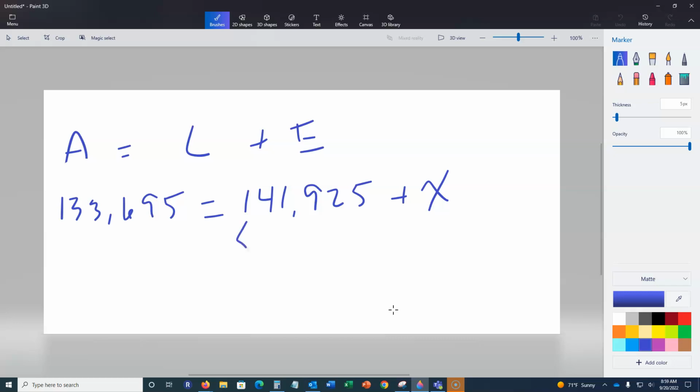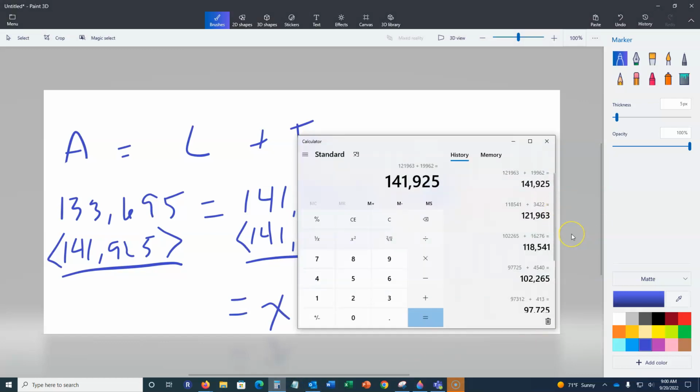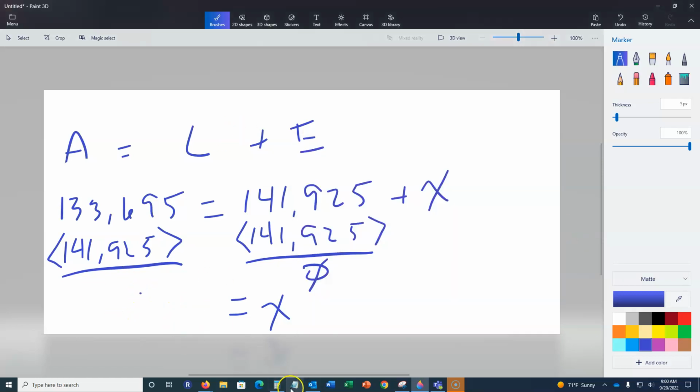Well, we subtract this from both sides, right? And what do we end up with? Well, 133,695 minus 141,925. Whoops, sorry. Negative 8,230 is your equity.